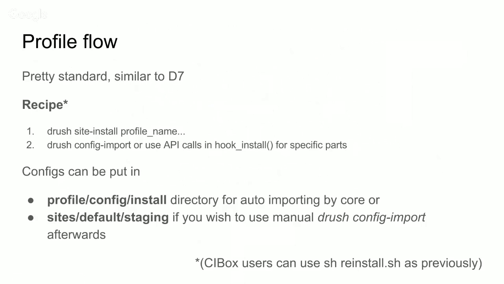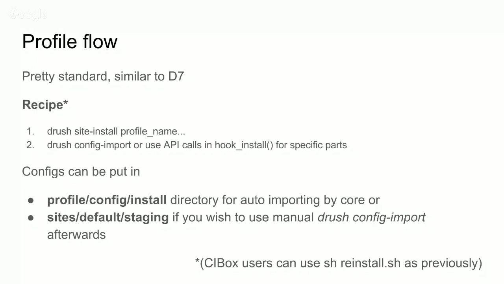The profile flow is pretty standard, almost similar to Drupal 7. The basic recipe is you create a site by running drush site install and the name of the profile. After that, you can extend the default profile installation with a manual config import from some particular folder, or using hook install within your modules for specific parts.